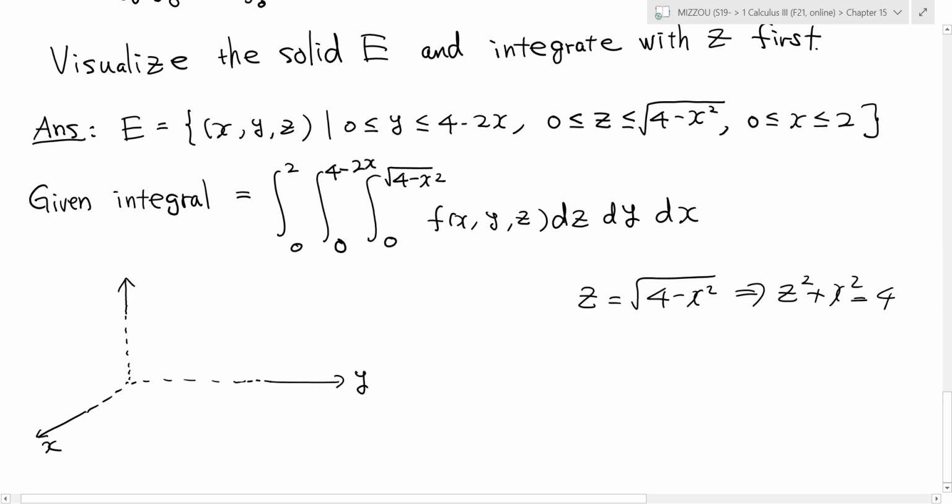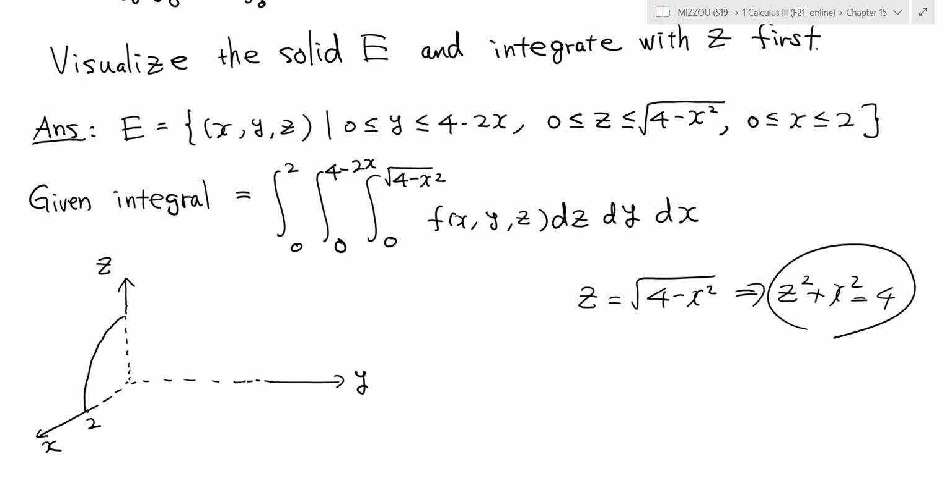Y. And so this one basically appears as a circle with radius 2 on the xz plane. But we are looking at only the first octant, actually. And then z is from 0 to the cylinder, a cylinder like this.